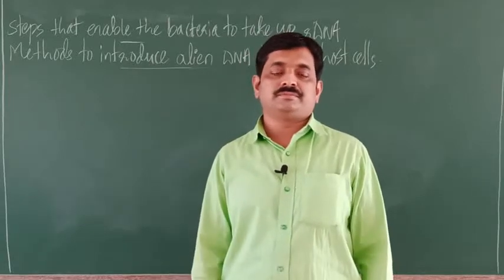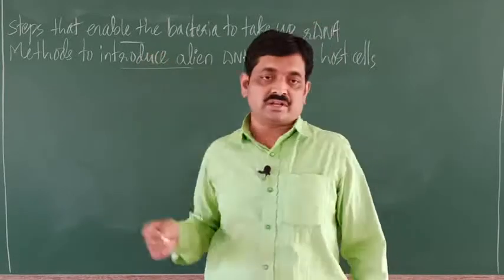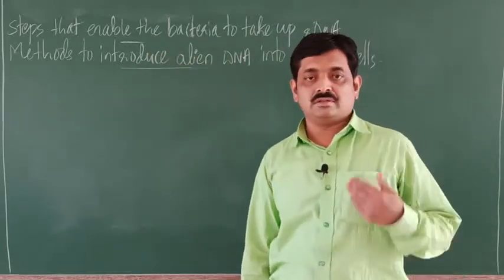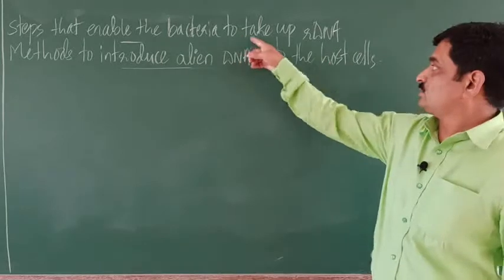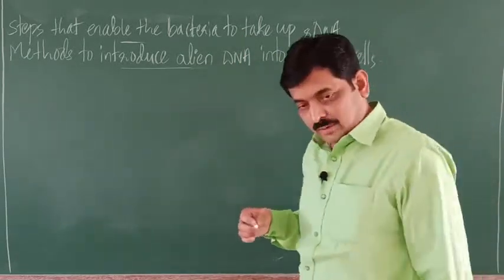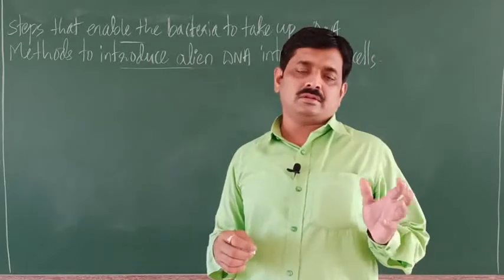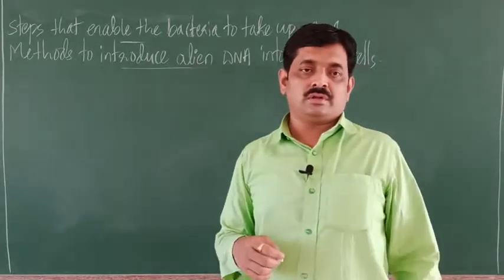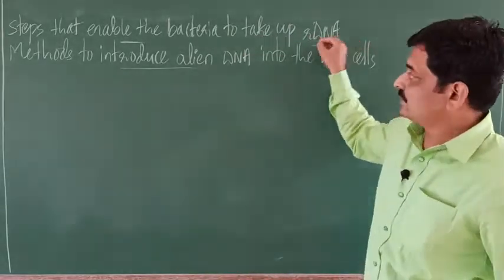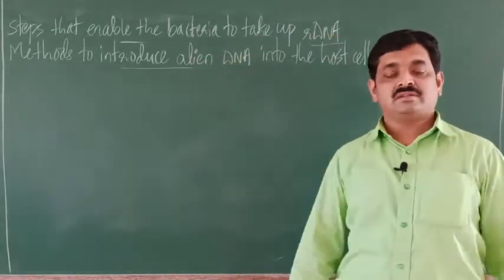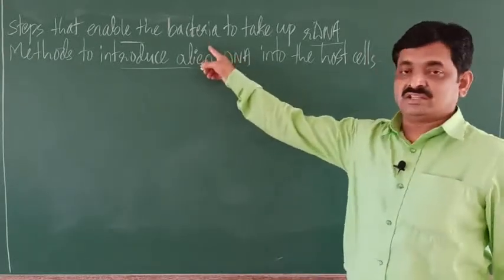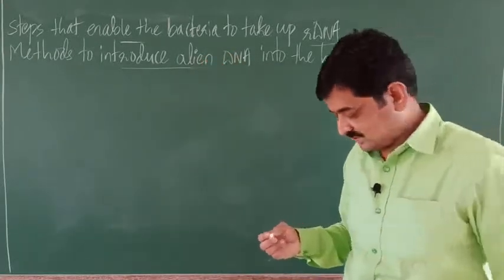Hello students. So next we shall consider the steps that enable the bacterial cells or bacteria to take up recombinant DNA. There are different steps that are followed so that the recombinant DNA enters the bacterial cell, that is the host cell.